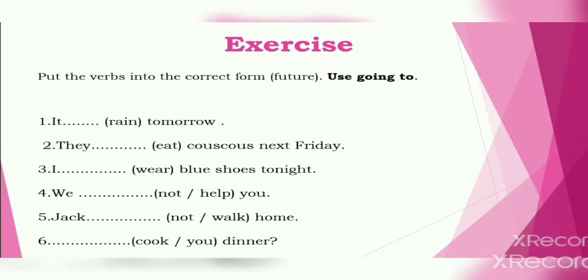Number 2, they eat couscous next Friday. Number 3, I wear blue shoes tonight. Number 4, we not help you. Number 5, Jack not walk home. Number 6, cook you dinner.